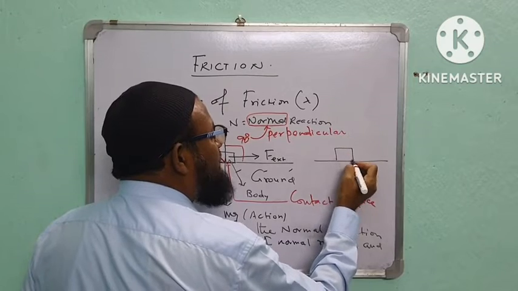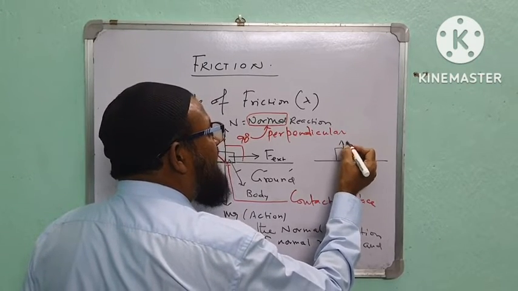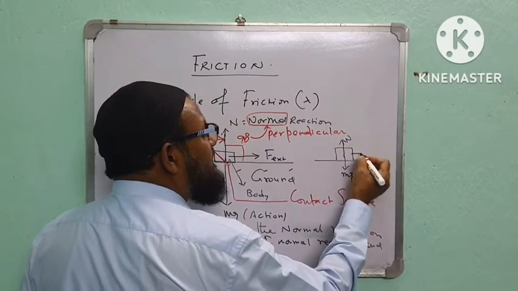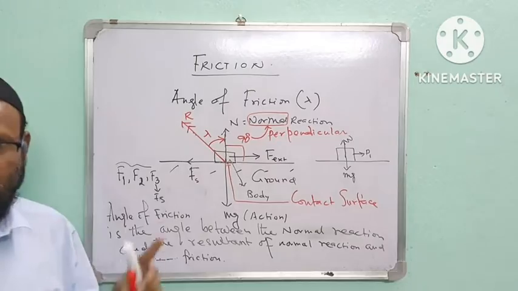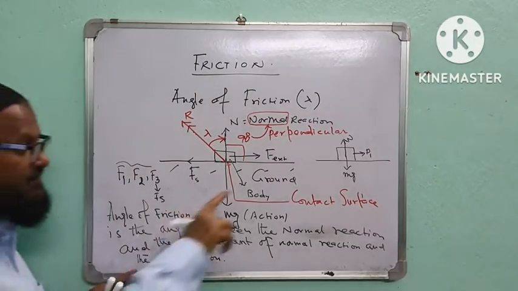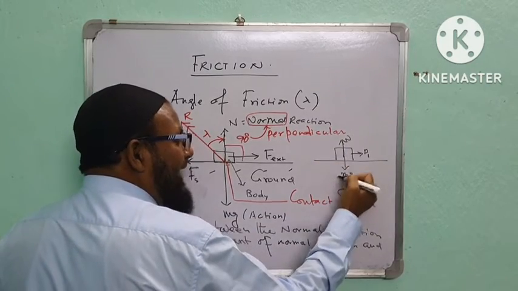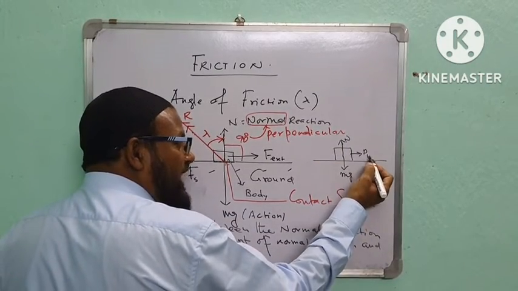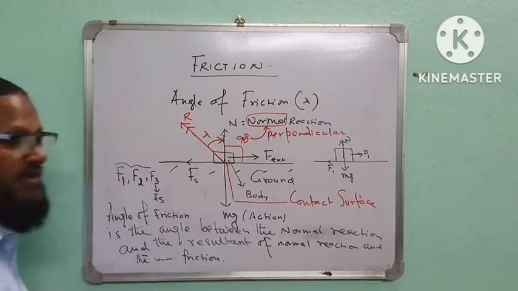This is the body, this is the weight, this is the normal reaction. Suppose P1 is applied and the body is at rest. This will be balanced by friction. P1 will be balanced by one friction, that is F1.